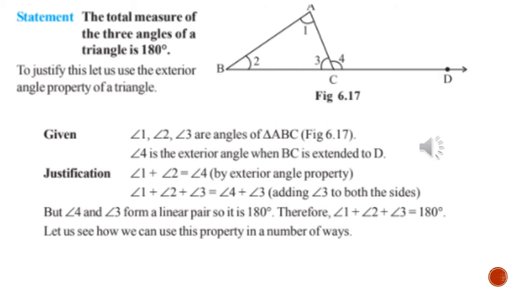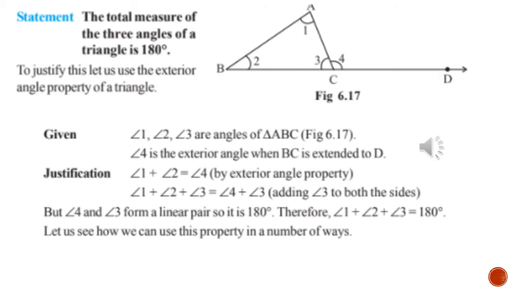And angle 4 is obtained by producing the side BC up to D. So angle ACD is equal to angle 4. Now by exterior angle property of a triangle, we know that exterior angle 4 is equal to sum of two interior opposite angles. So angle 4 is equal to angle 1 plus angle 2.